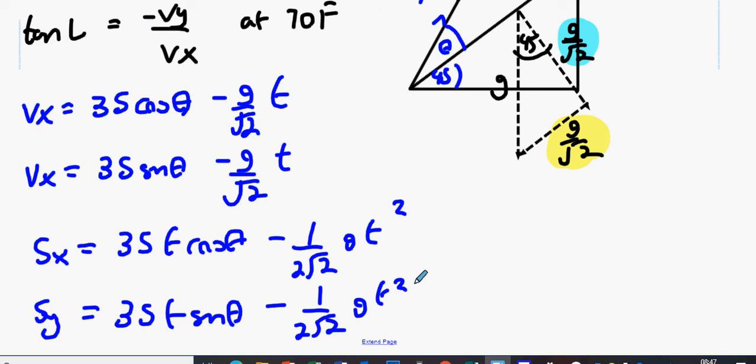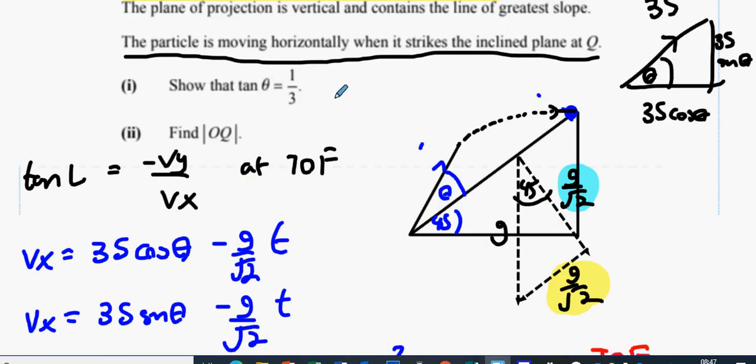Next thing, we need the time of flight. What's the way of getting the time of flight? So this point here, this red point here, what's guaranteed about the time of flight? Is it Sx equals 0 or Sy equals 0? Sx will be this direction here, which obviously has distance.